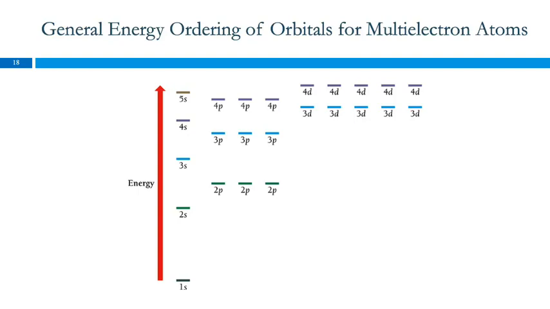But this is the energy ordering, and it tells us how the orbitals fill. So when we're looking at where the electrons are for, say, zinc, 30 electrons, we're just going to start with the lowest energy orbital and fill them up. We're just going to keep filling in the order of energy until we get 30 electrons in there.